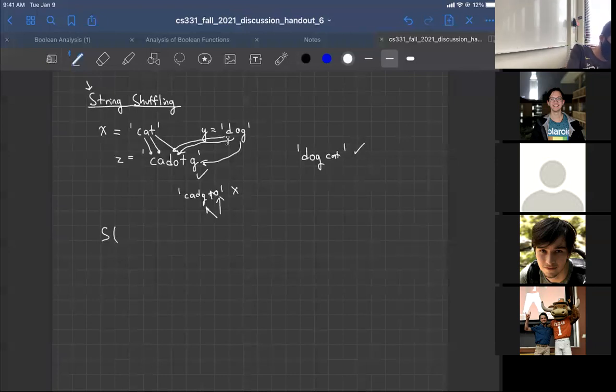So let's say, by the way, X has M characters and Y has N characters. This absolute value means the number of characters, or the size of the set.